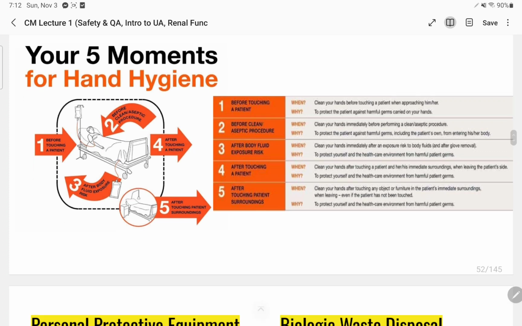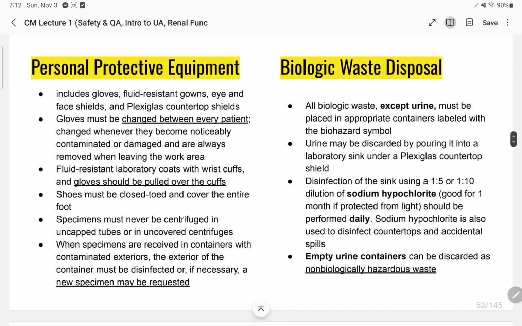Okay, so here we have personal protective equipment and biologic waste disposal. These things are the important guidelines or precautions that we should follow when we are dealing with biologic hazards.